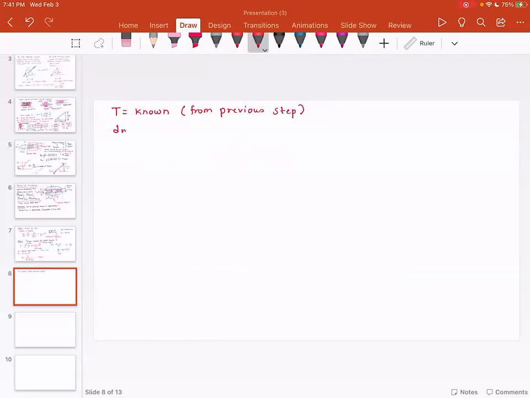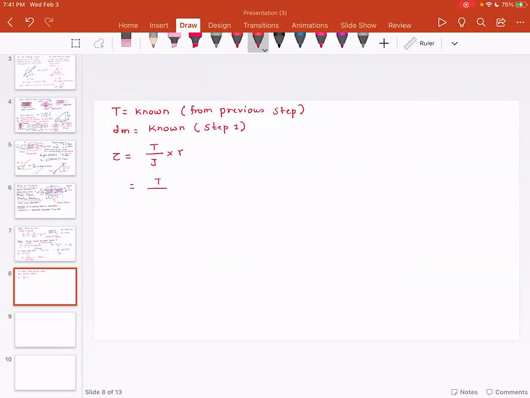Value of dm is known from step 1. So that allows me to find out the value of tau, which is T divided by J multiplied by R.